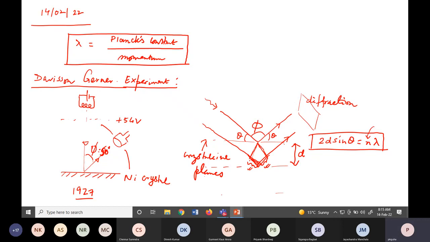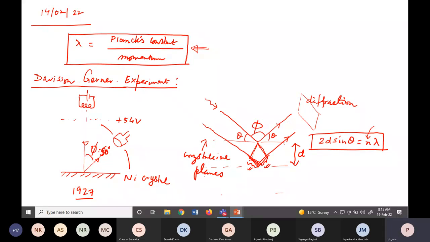Because according to de Broglie's hypothesis, all matter will have waves associated with it, and its wavelength can be found using this formula.